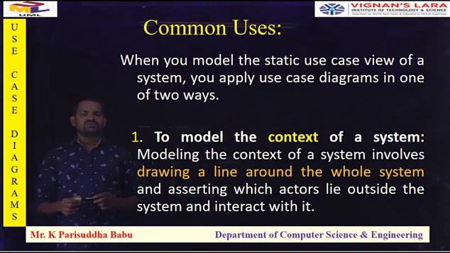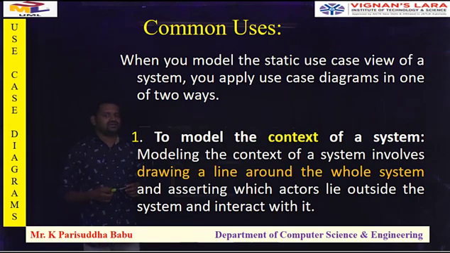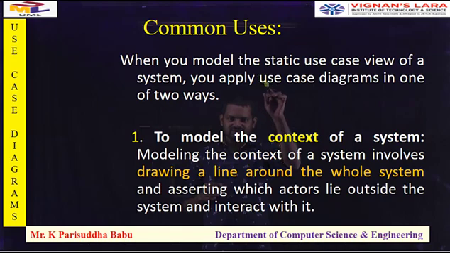So what are the common uses of the use case diagram? When you model the static use case view of a system, the use case diagram is used in one of two ways.